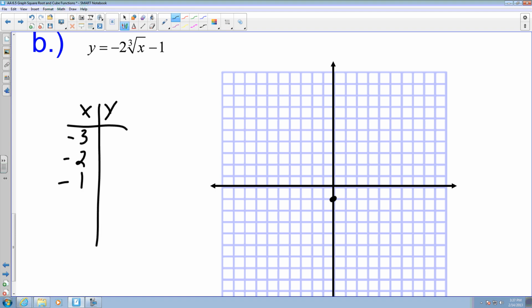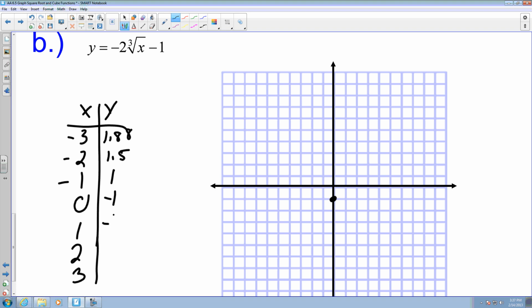I'm going to use -3, -2, -1, 0, 1, 2, and 3. And if my x are those values, my y here is roughly 1.88. This one for -2 would be 1.5. If it was -1, it's 1. If it's 0, it's -1, which makes sense because that's where my point starts.